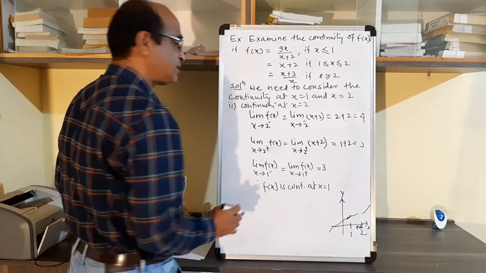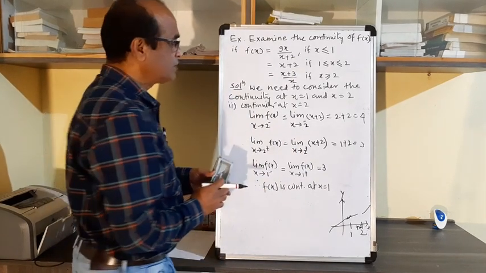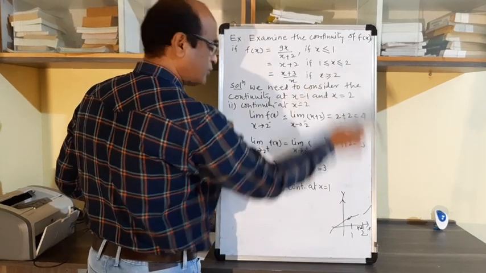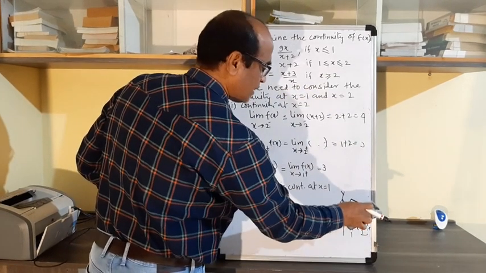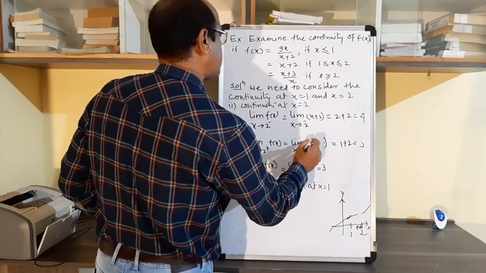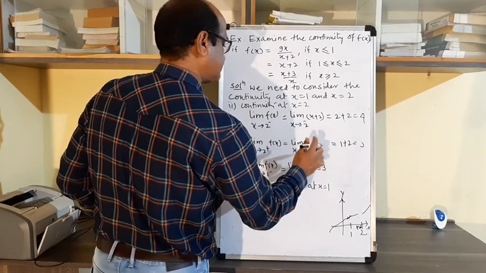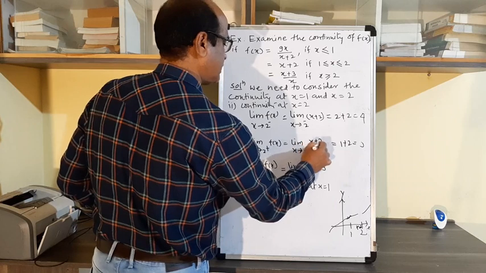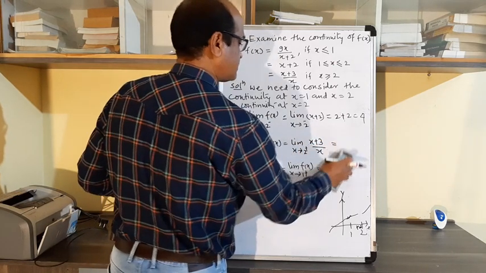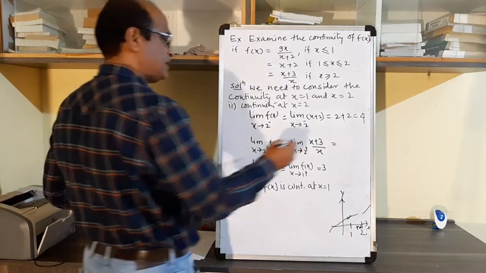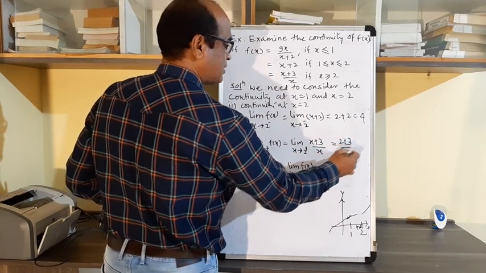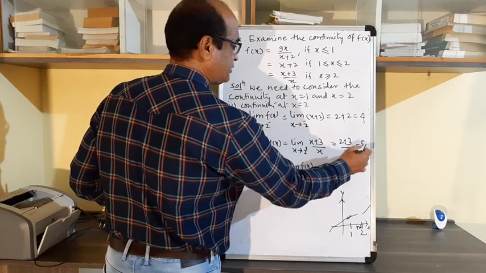The function will be this, because for x greater than or equal to 2, the function is x plus 3 divided by x. So that is 2 plus 3 divided by 2, which is 5 by 2.